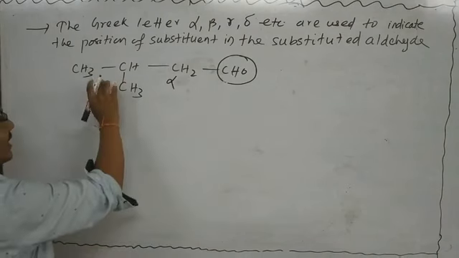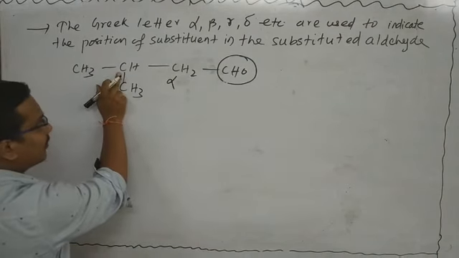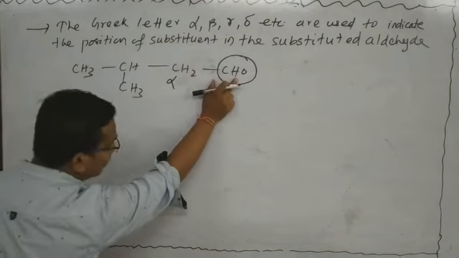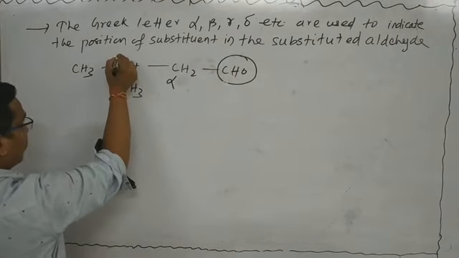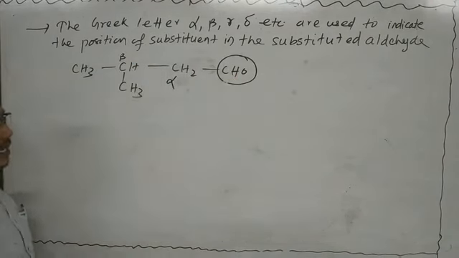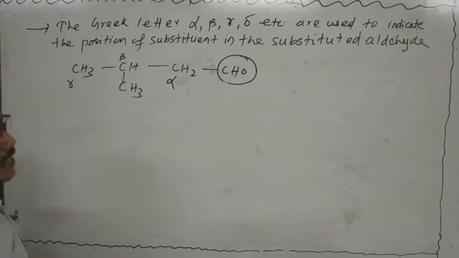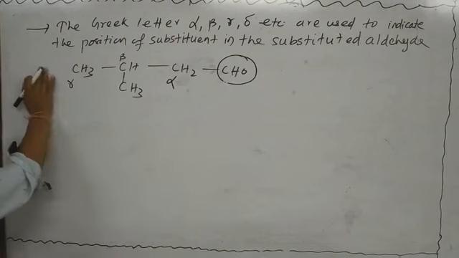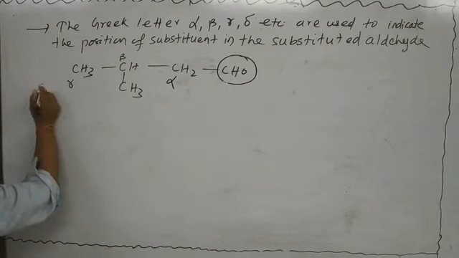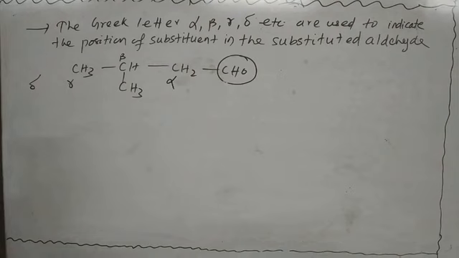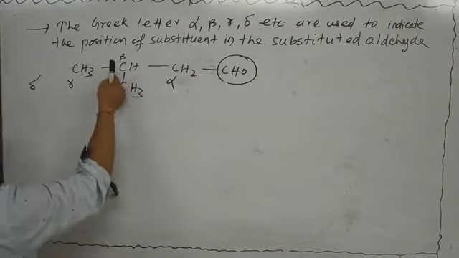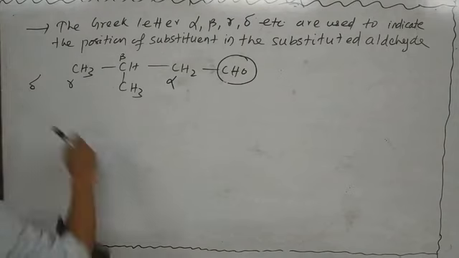And the second carbon, with respect to this functional group, is considered the beta position, beta carbon. And the next is said to be gamma carbon. If another carbon is attached to this carbon, then that is said to be delta carbon. Like that, you can number as alpha, beta, gamma, delta.